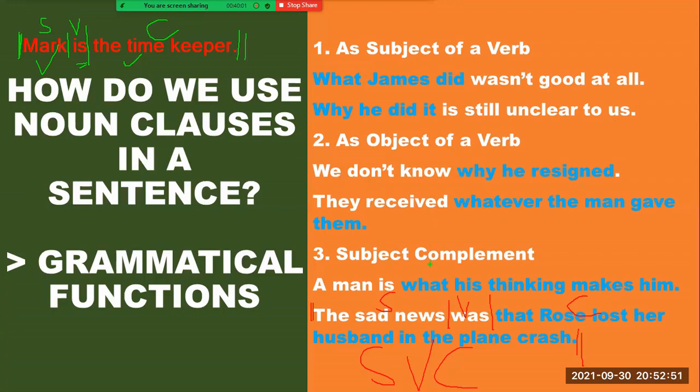All right, subject complement, because the complement completes the meaning of the subject. And so if we say Mark is and we put a dash, what we complete it with is the timekeeper. And that gives us exactly the description of Mark.